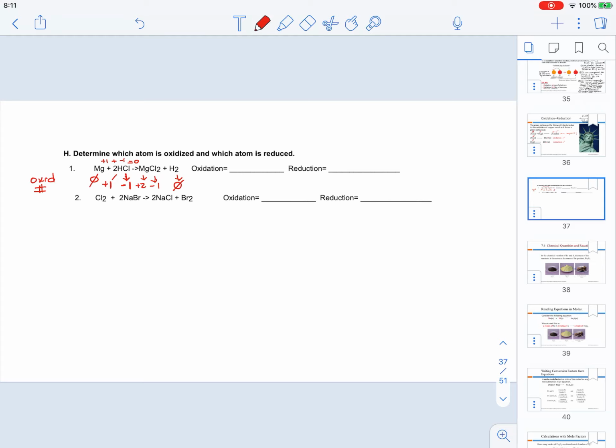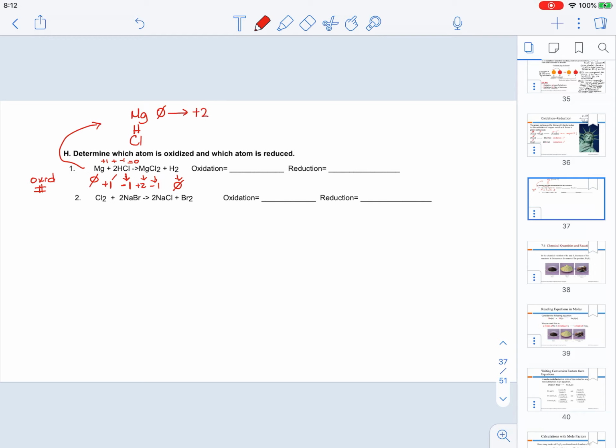So when I make my list, I'm just going to write the change of oxidation numbers for each of the elements. I have magnesium, hydrogen, and chlorine. Magnesium went from 0 to +2.